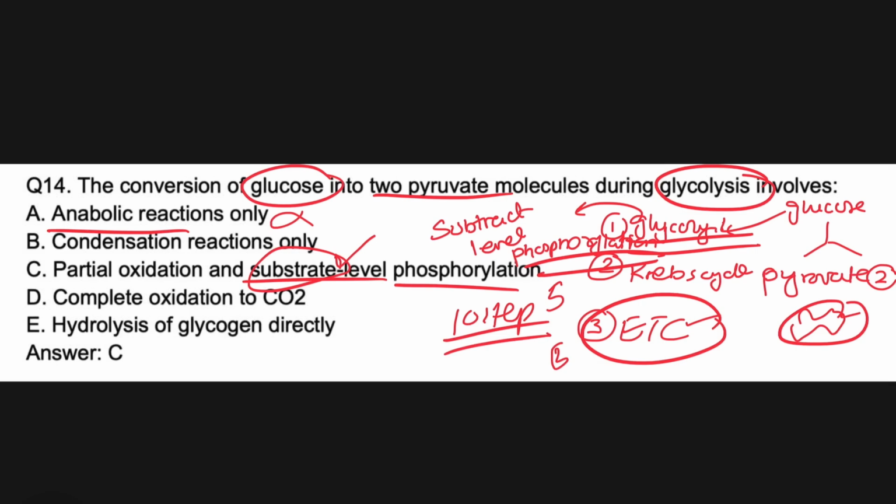So you get the phosphate group from one of those 10 compounds, and then you add that phosphate to ADP, and that's how you form the ATP. That's called substrate level phosphorylation.